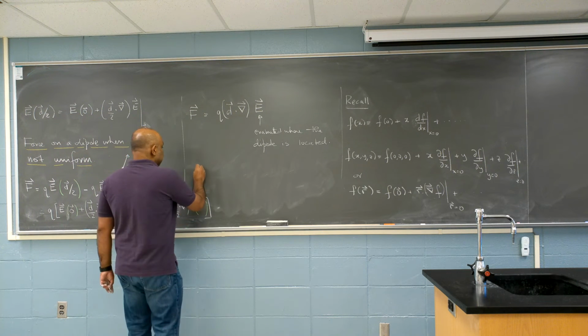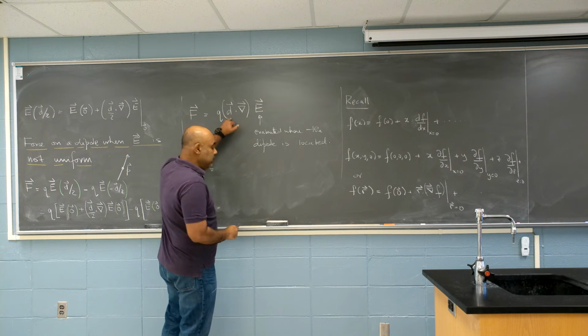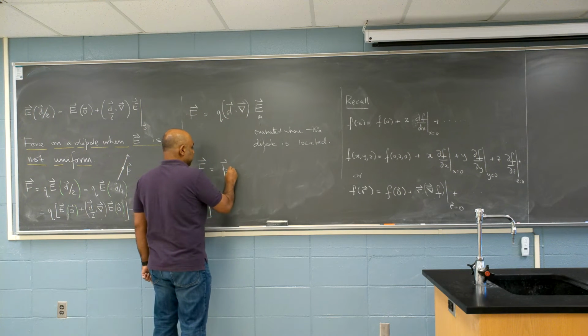And so I can finally box an expression for you. Q times D is again just P.